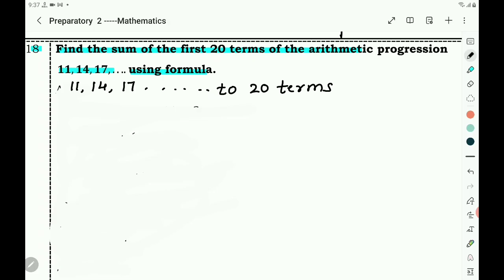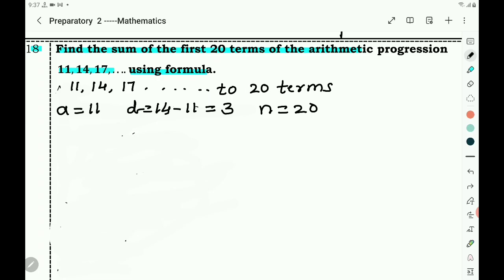Then you write a equals 11. Then you write d equals a2 minus a1. That is 14 minus 11, which is equal to 3. And n equals 20.